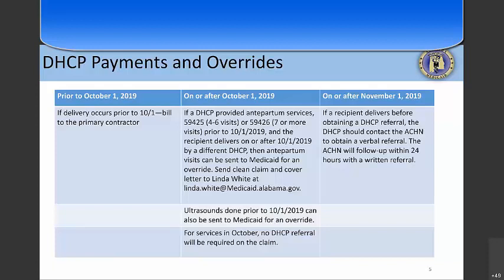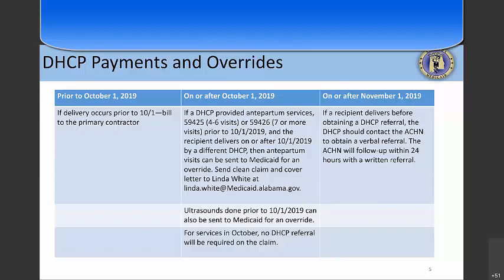Do OBGYNs have to send referrals to other specialists? OBGYNs can send referrals to specialists because for a lot of our recipients, they consider the OBGYN their PCP. So we are allowing the OBGYN, beginning 10/1, to be able to send a referral to a specialist.